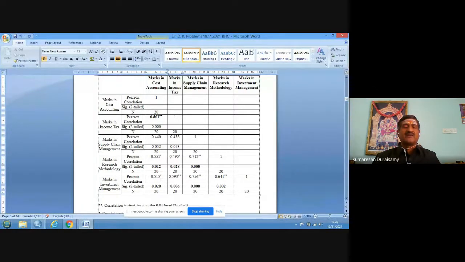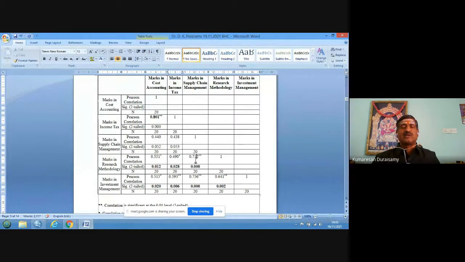It is 0.515, significant. So cost accounting versus the remaining subjects, 0.801 is the highest. Here also 0.432, 0.490, 0.593, even then 0.801 is the highest.